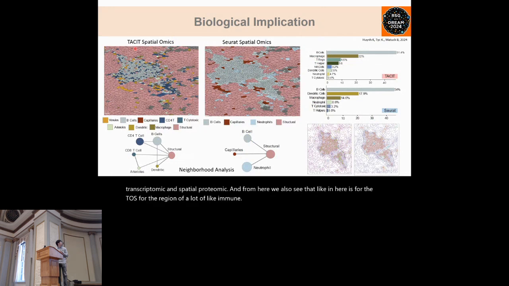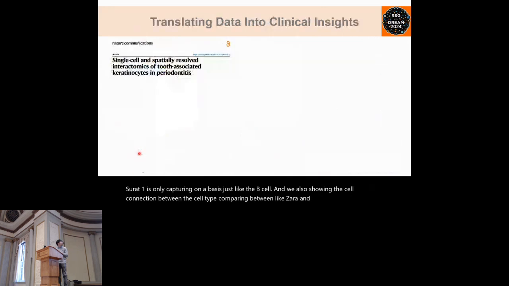We can see here we capture more diversity of the immune cells, compared to the Seurat one, which is only capturing all of it as just B cells. And we also show the cell connection between the cell types, comparing Seurat and TACIT, our method here.